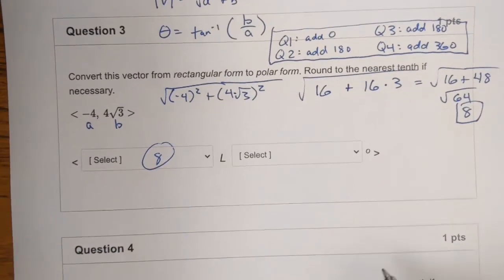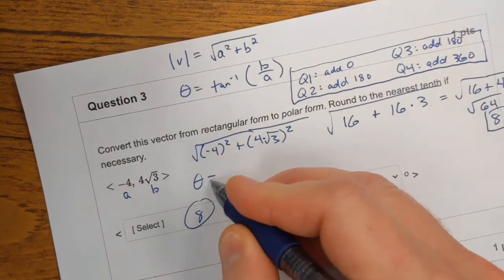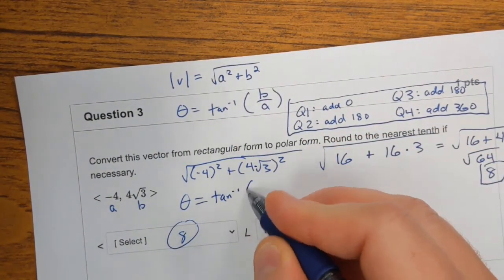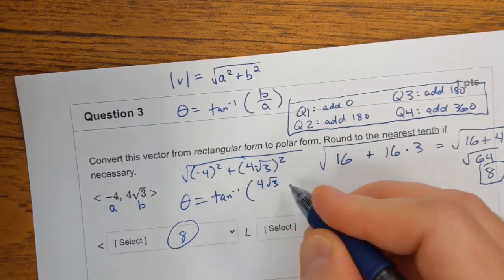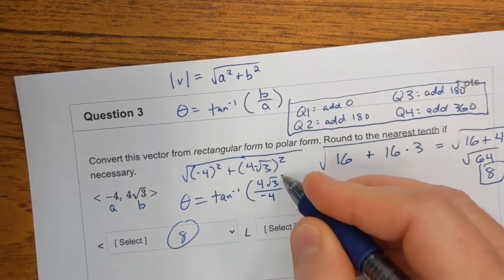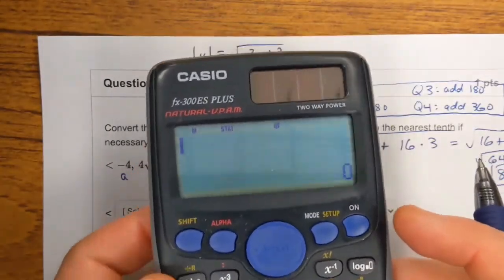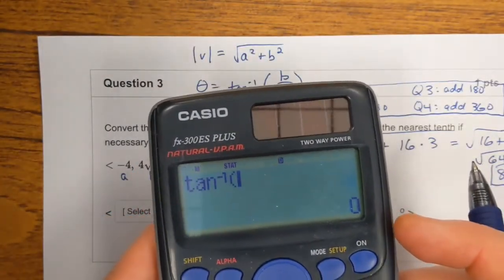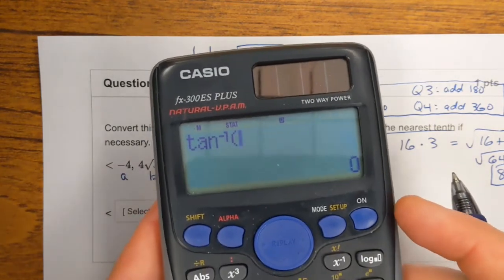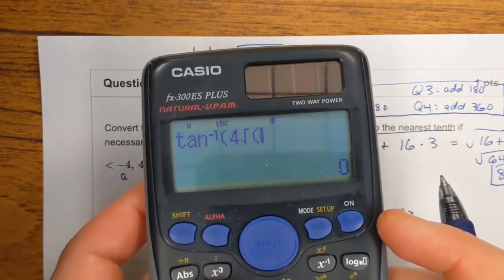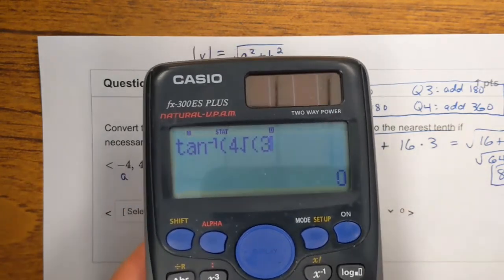All right, now for the angle, the formula is written right up here. I'm going to take the inverse tangent of 4 radical 3 over negative 4. That's going to be a little tricky to put in my calculator, but let me give you some hints here. So I'm going to do inverse tangent. I can just type here 4 radical 3. Now I need to be careful here.